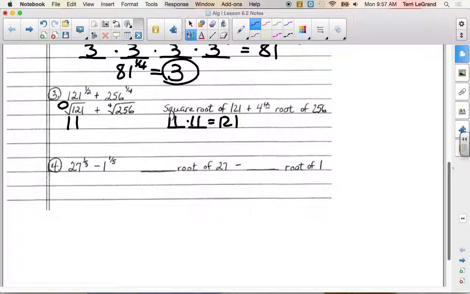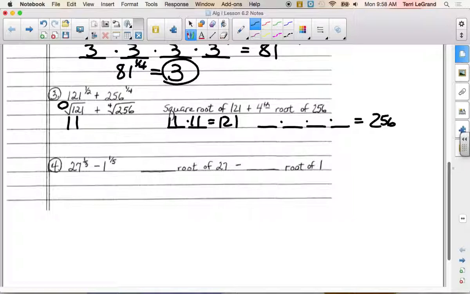And then over here, the fourth root of 256 means we have to find something that multiplied by itself 4 times gives us 256. Could be 2, because it's an even number. Is 2 times 2 times 2 times 2 256? No. Well, we already know that 3 to the 4th power is 81, don't we? So it only makes sense that this is going to be bigger than 3.